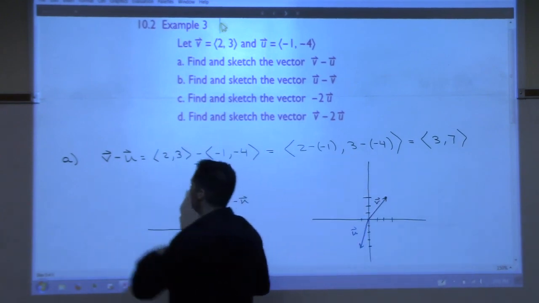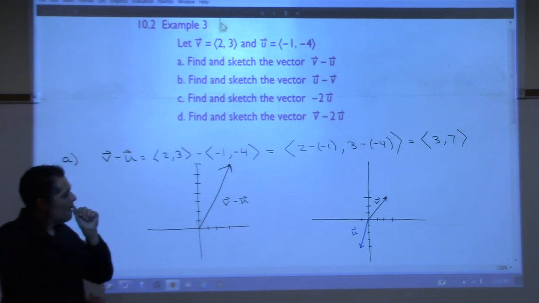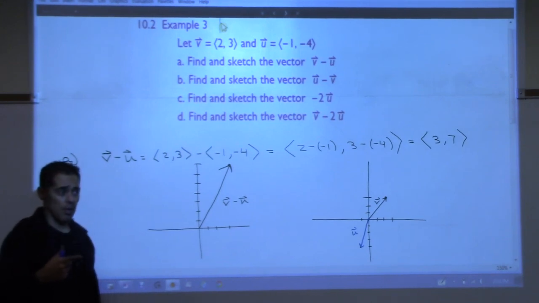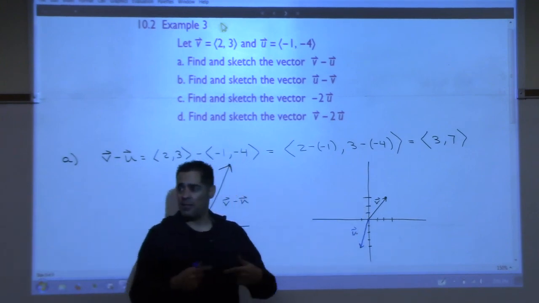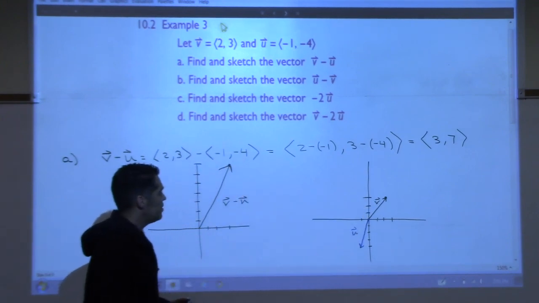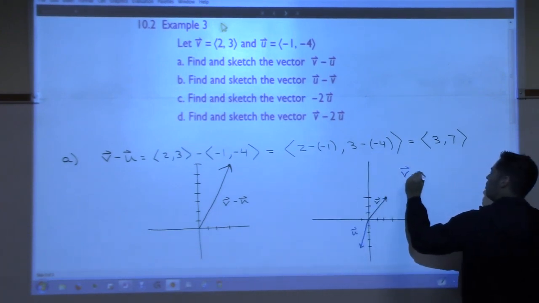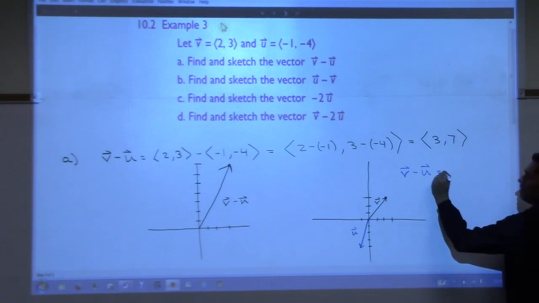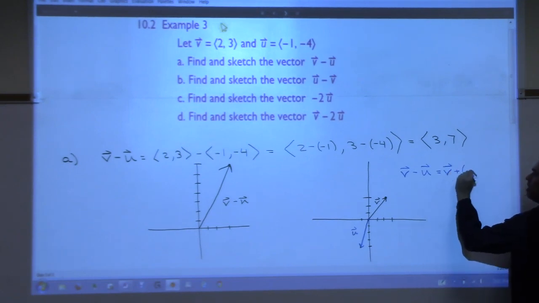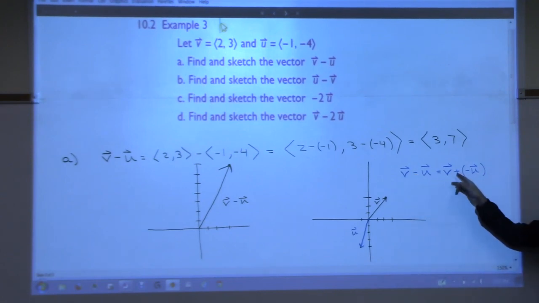We just found v minus u to be this vector, right? We know how to do v plus u, don't we? V plus u is tail to tip, right? Okay, so instead of looking at v minus u as being v minus u, why don't we look at it as being v plus negative u? Isn't that the same thing? Subtraction is the same as adding the opposite.